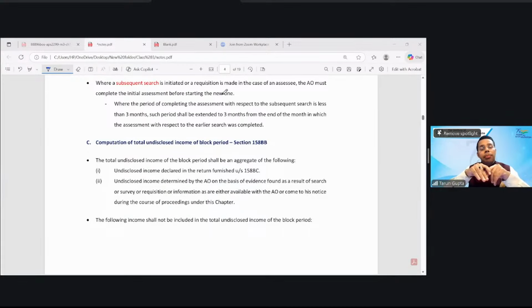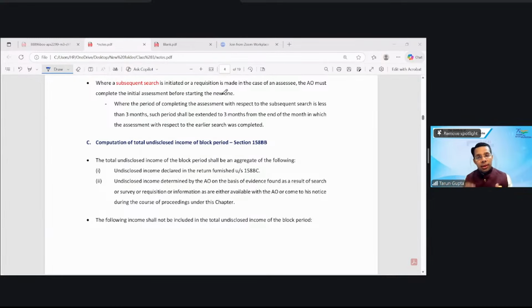Earlier, the assessee may have concealed something, but now the assessee knows that the department knows there is undisclosed income. So the assessee knows that the department has found out there are some undisclosed assets, undisclosed income. So he may want to disclose it.